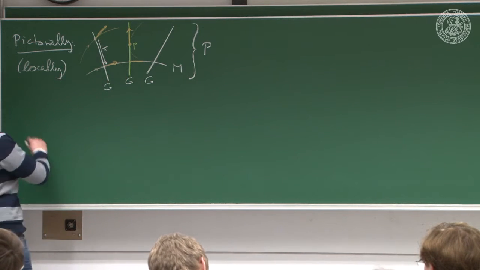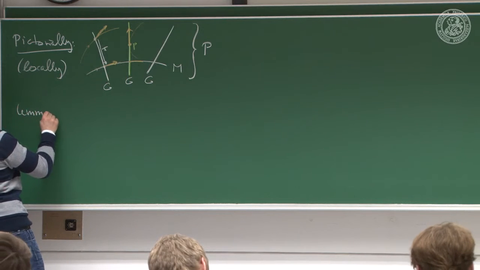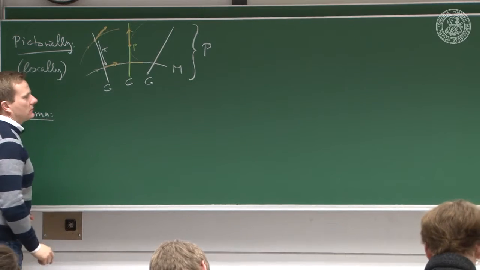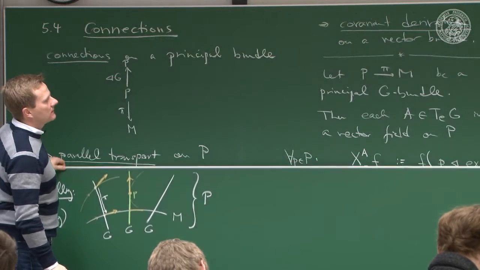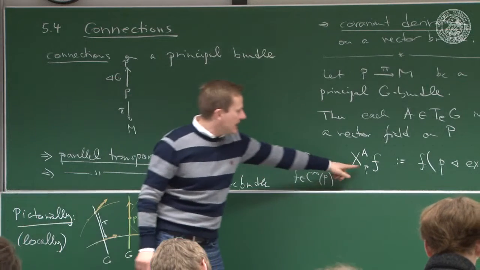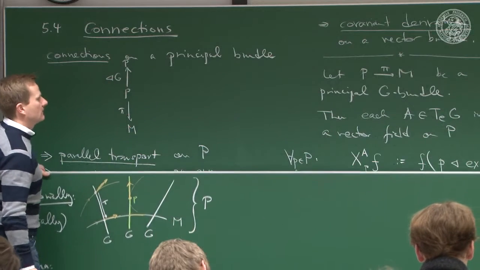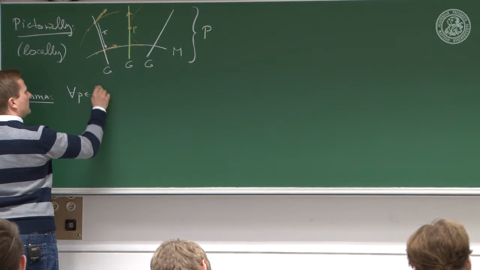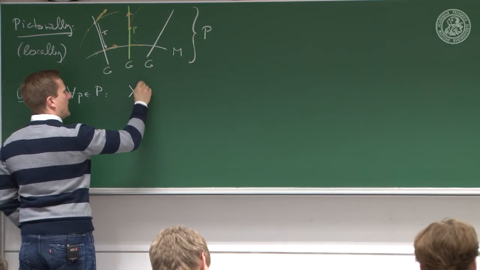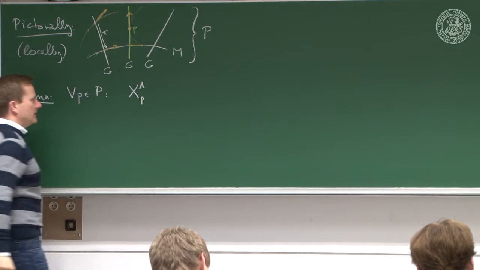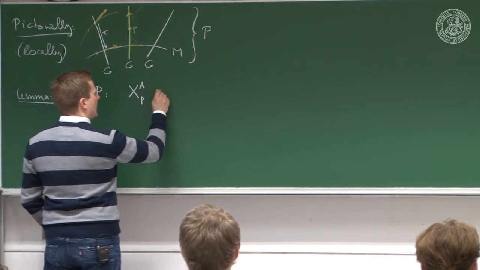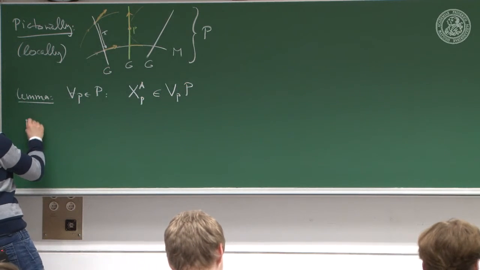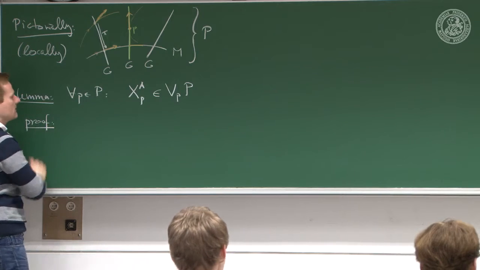Okay, so we have a little lemma, and that says that what we constructed before here, this vector field X_A, so for every P in the principal bundle, the X_A at P we just defined lies in the vertical subspace of P. Well, the proof is absolutely immediate.